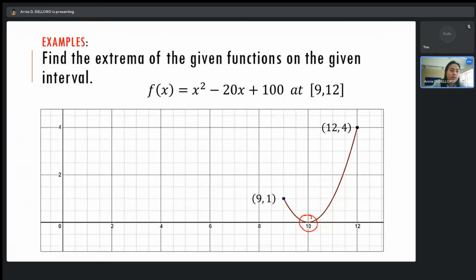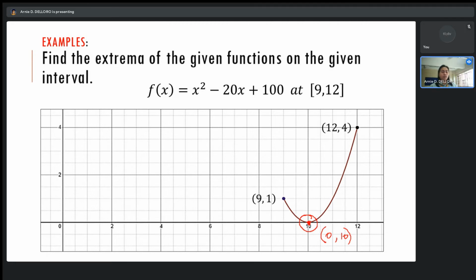The minimum point occurs at x equals 10, which has a value of 0. Kasi mapapansin ninyo, di ba nasa x-axis siya. Yung coordinates ng point na ito ay 10, 0. Okay? So, hindi po yung point 91 yung ating minimum point, but the point 10, 0, since siya yung pinaka-lowest peak ng graph.